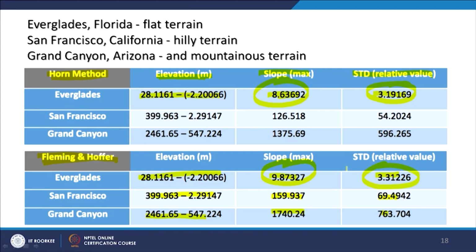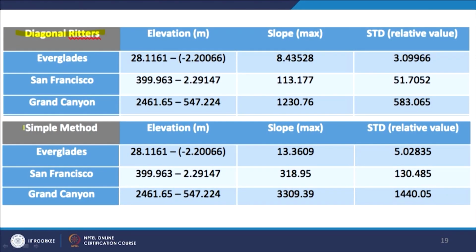The purpose here is to show this comparison: because the terrain is different, though the methods might be the same, the results would be different, because the algorithms being employed are completely different. If we employ the diagonal raster and a simple method, again there is a huge difference here, 8.4 and 13.36, and standard deviations relative values again 3.09 and 5.02.